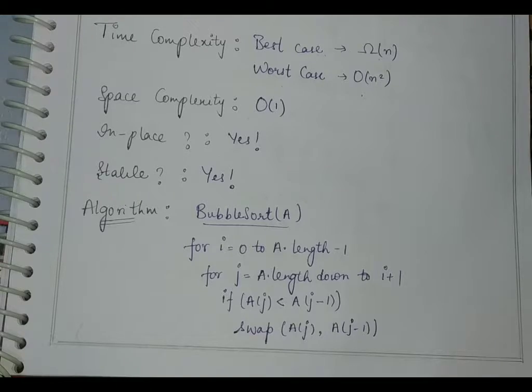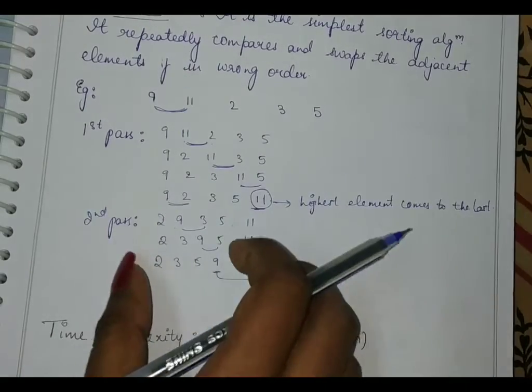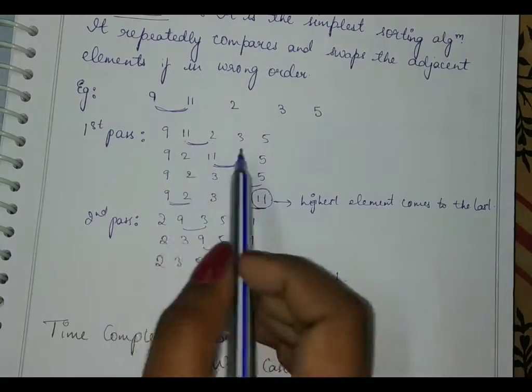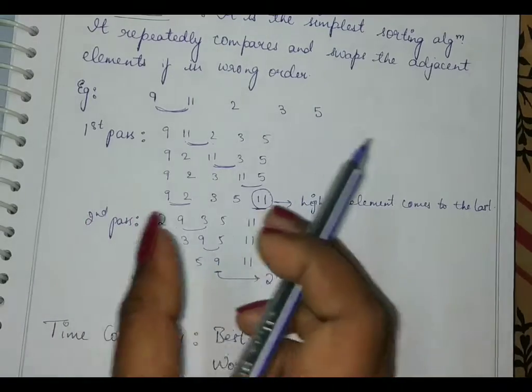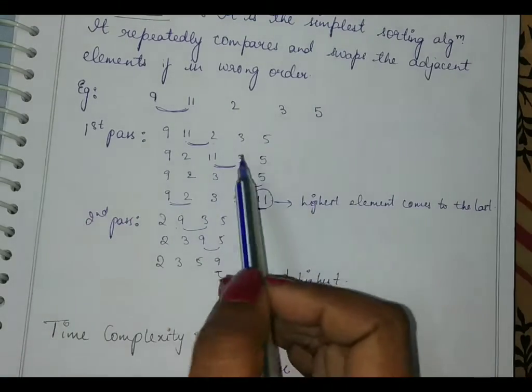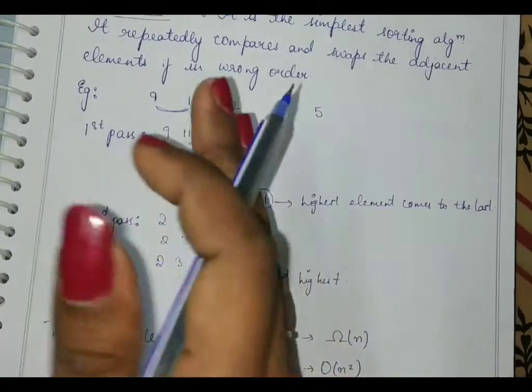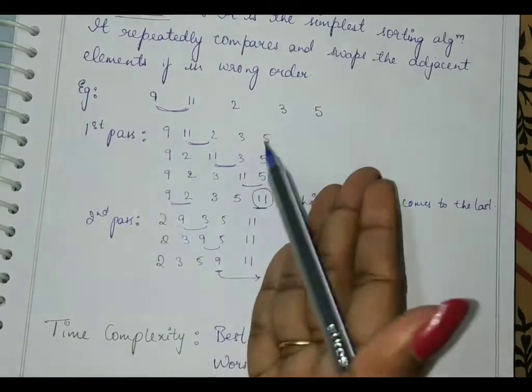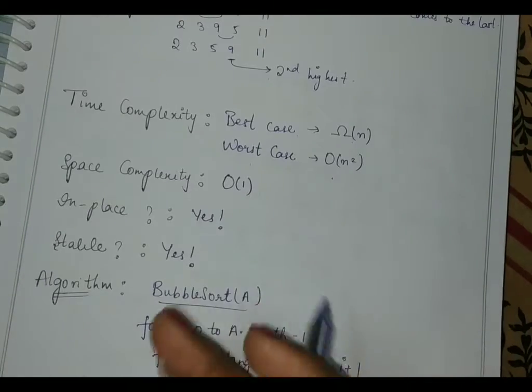It sorts the list only by modifying the order of the elements within the list. That means it is said to be in place. This is an in place algorithm because it swaps and modifies the places of the elements only inside the list. It doesn't actually need any extra space outside the list. So it is an in place algorithm.